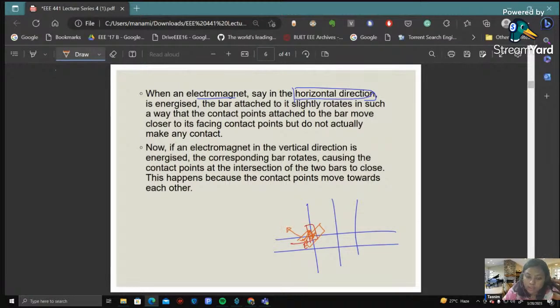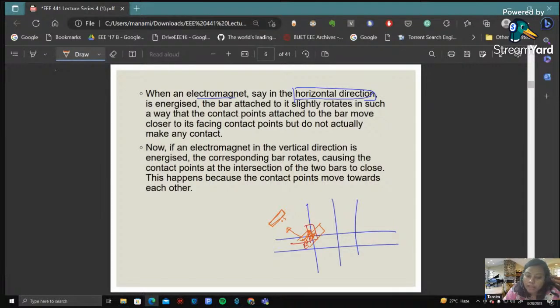If we see this part in a zoomed view, this will be the contact point, and due to the tilt of the bar it comes something like this, but we will still have the gap. Now, if an electromagnet in the vertical direction is energized, the corresponding bar rotates, moving the contact points.